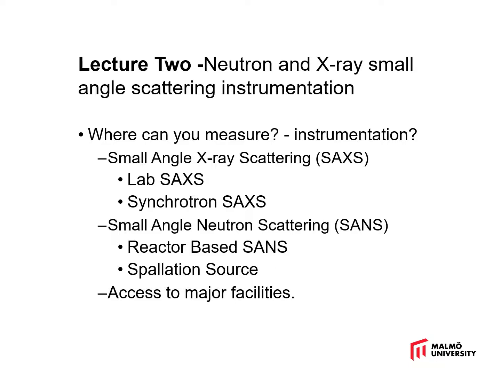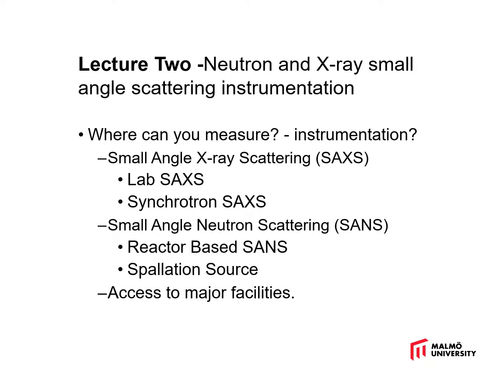Lecture 2 is about instrumentation, what you might expect when you come to an instrument, the kind of thought processes that you need to put into making good measurements on the instrument, and the differences between the different kinds of measurements and instrumentations. So I'll talk about SAX, and you can divide that into lab-based SAX, which you might do in your home lab, and synchrotron SAX, which you'll probably have to go somewhere else to do.